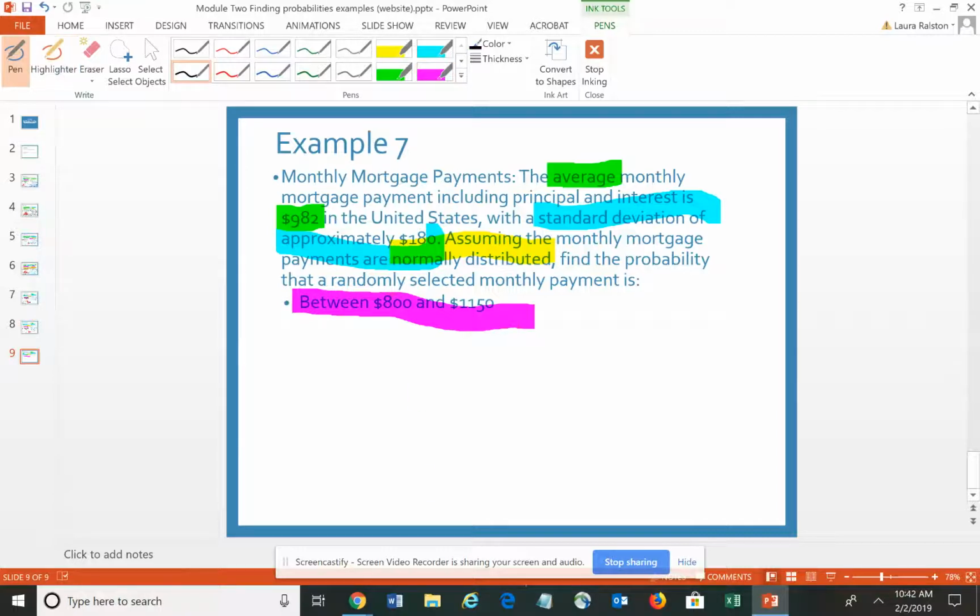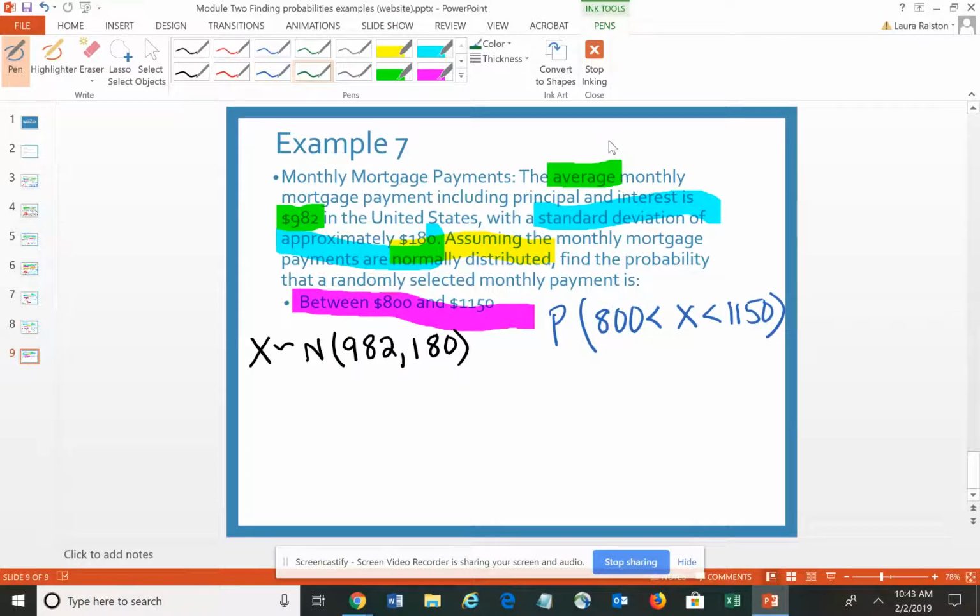So we know that X is approximately normal with a mean of 982, standard deviation of 180. We're looking for the probability that we're between 800 and 1150.